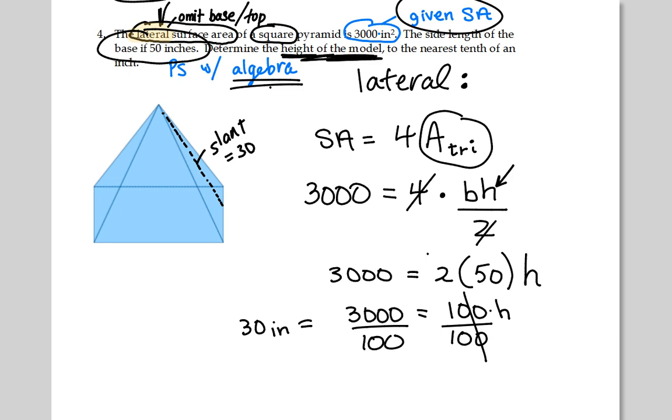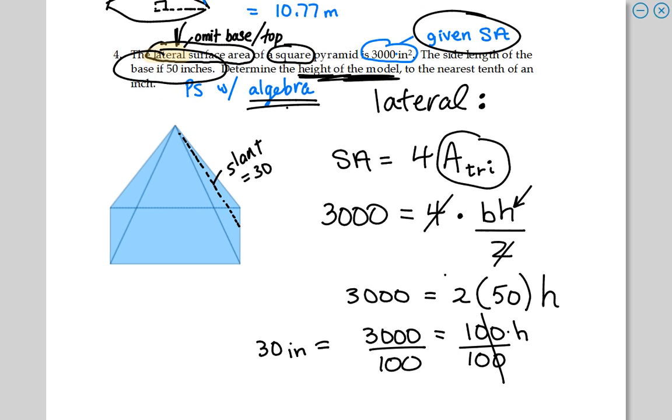And this is where reading comes into play, and patience and persistence and determination. Okay? What we actually want is this height. That's what we want. And how are we going to get that? If the whole base is 50, this little base is half of that, 25.